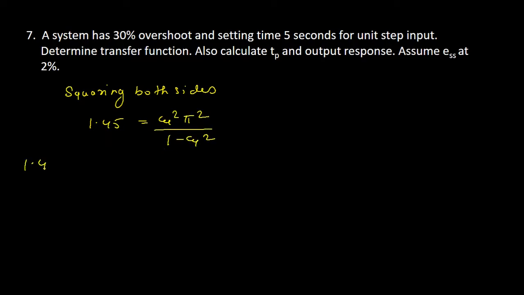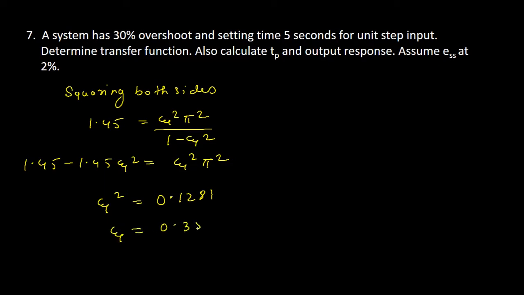This will be 1.45 minus 1.45 zeta square is equal to zeta square pi square. When we solve this, we will get zeta square is equal to 0.1281 and zeta will be equal to 0.3578. This is the value of damping ratio zeta we are getting.